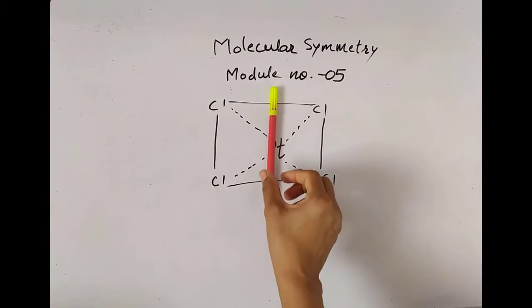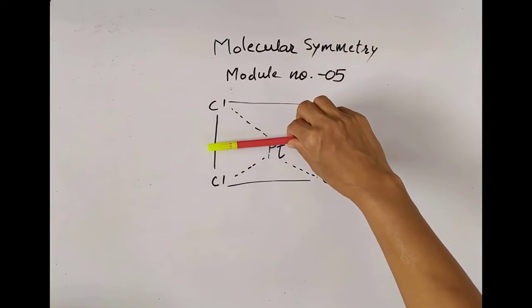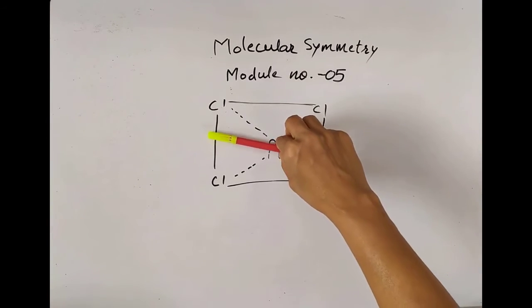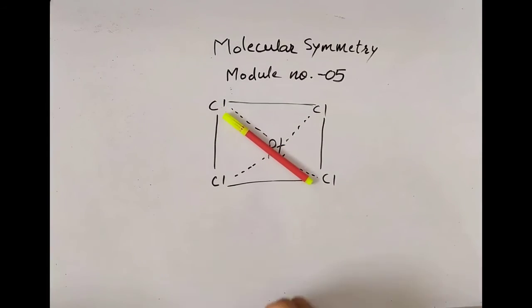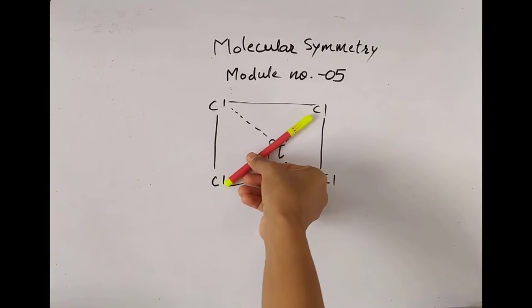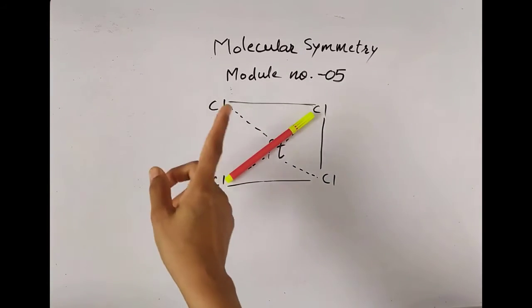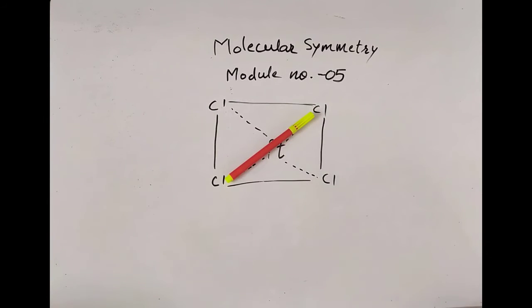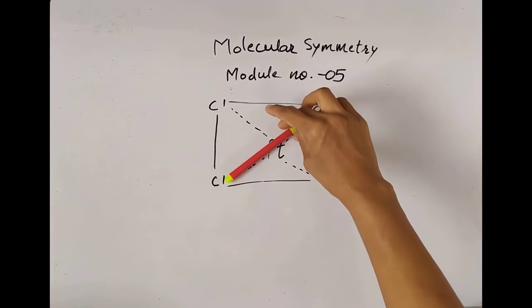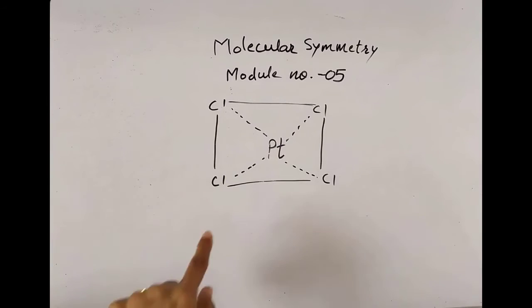First mirror plane, second mirror plane, third mirror plane and fourth mirror plane. And in every mirror plane you are getting the same image on either side of the plane. Again and again I am saying the same because this is the necessity for a mirror plane to be present. Now we have to determine whether these 4 planes are vertical or horizontal.